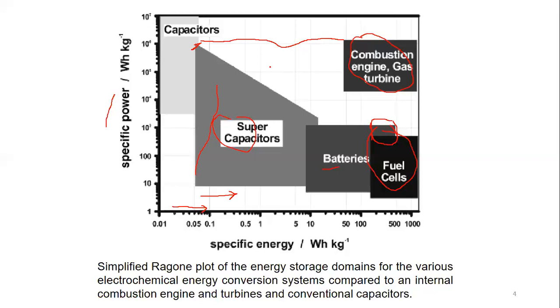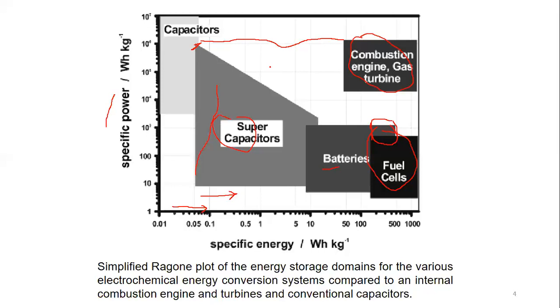The second point is that we still have a long way to go to compete with the combustion engine, on a specific power basis or on a specific energy basis. If you want the fuel cell to compete with the combustion engine, then you need to improve its specific power.